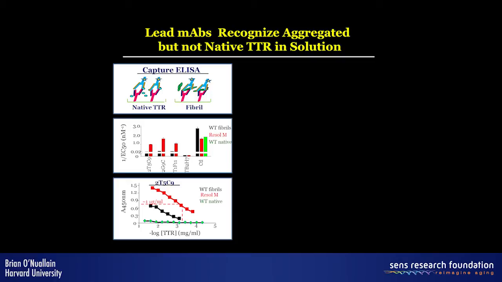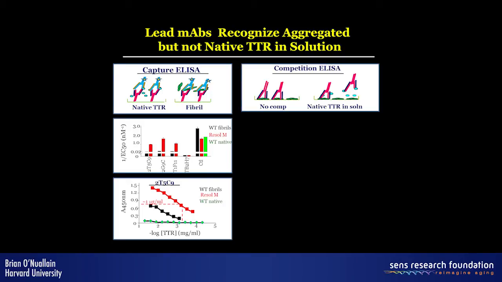This is just representative binding curves from where some of the data came for one of the antibodies, for example, and it shows with different concentrations it had essentially no reactivity with native TTR. A similar type of solution assay, but a competition assay, doing it a different way, where in solution we had antibodies, then we had either native or aggregated TTR to see whether the antibodies could bind to it, and it prevented the antibodies from binding to TTR aggregates on the plate.